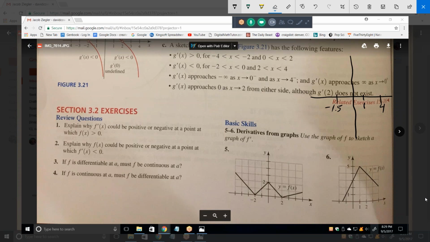All right, so my slope from minus 1.5 to plus 1 is what? And how should I draw it on my y prime graph? So it would start at 1.5, and it would be at 2, and it would go to 1. What kind of line are we talking about?